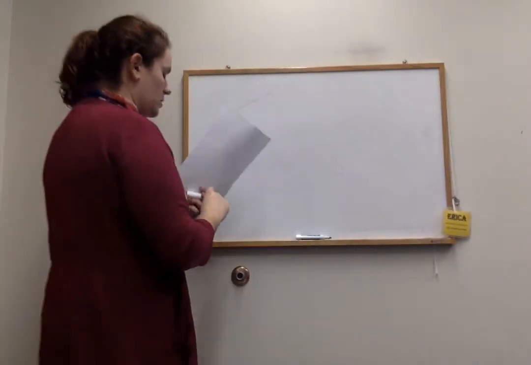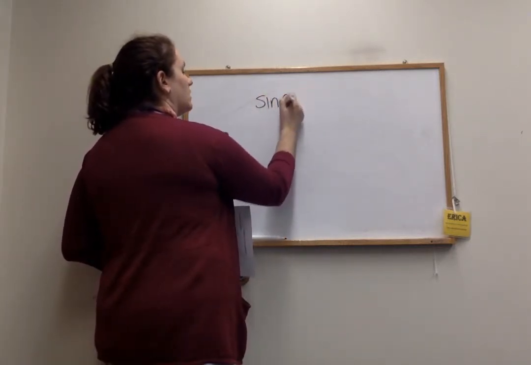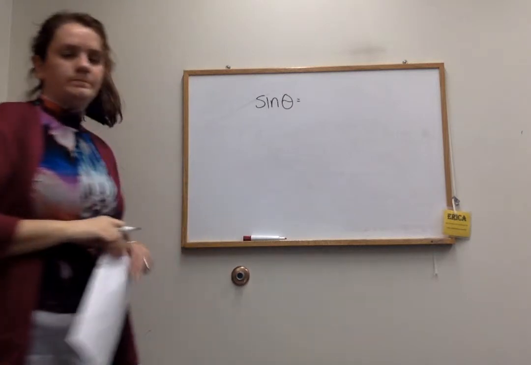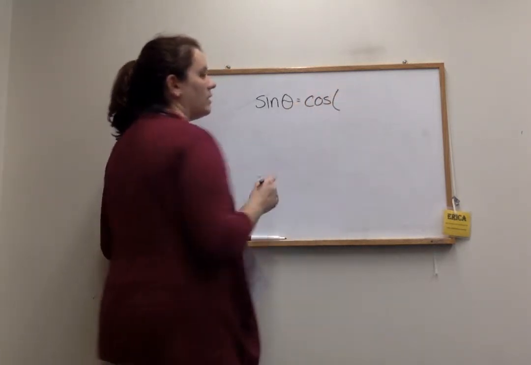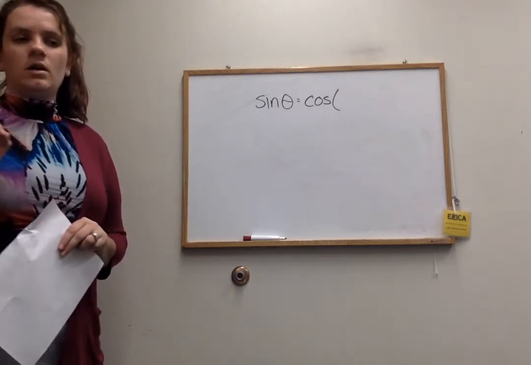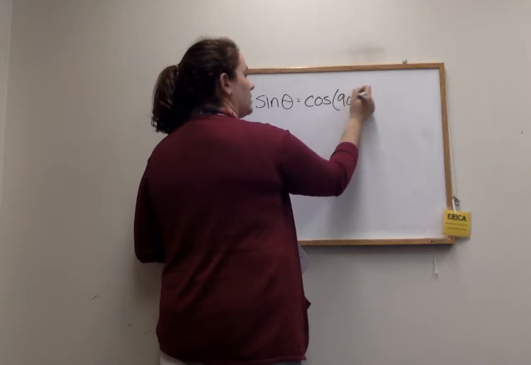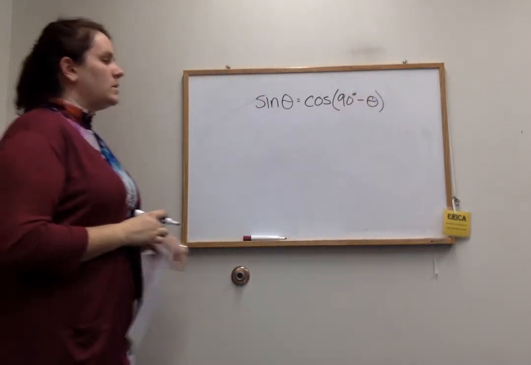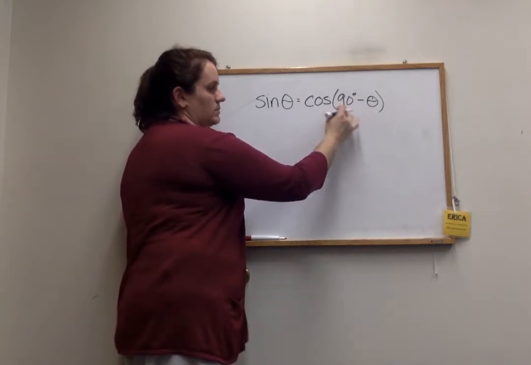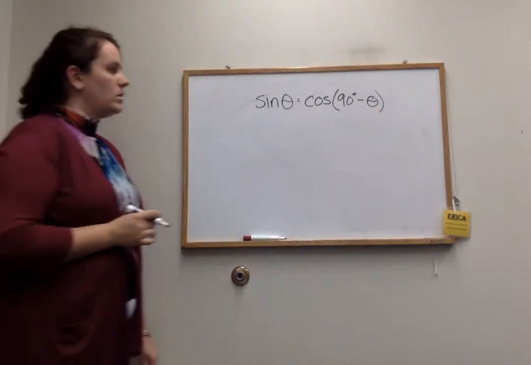So the first cofunction identity says that the sine of any angle theta is equal to the cosine of the complement of that angle. And the complement of theta is 90 minus theta. So whatever this angle is will be the complement of the angle we started with.